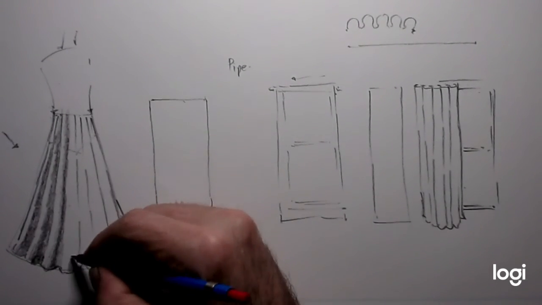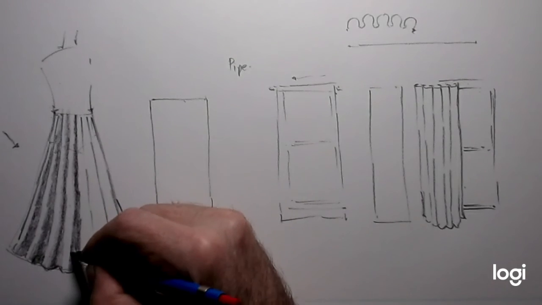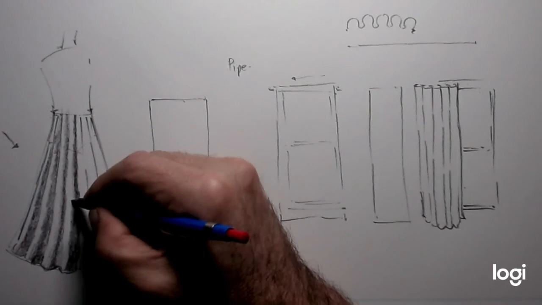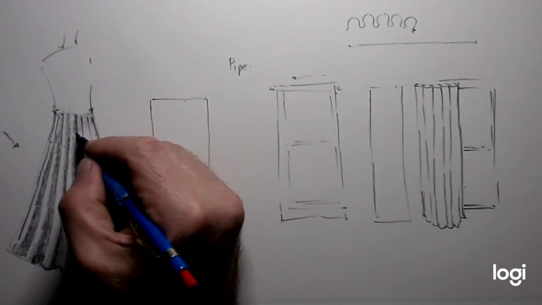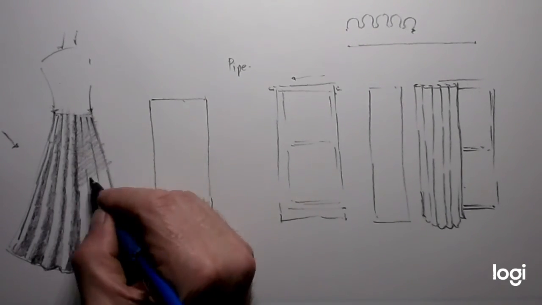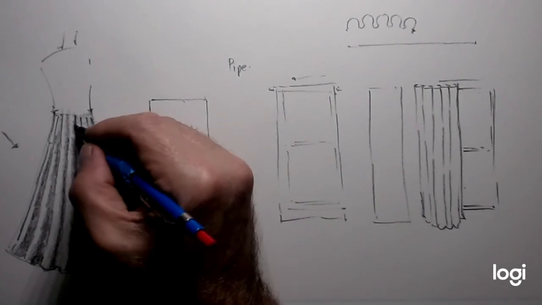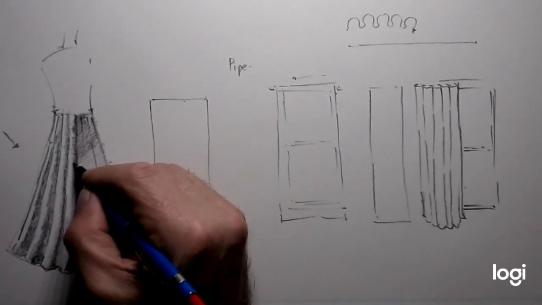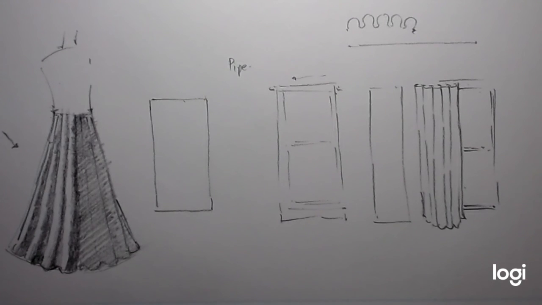But as you got to this side of the dress, all of this side of the dress would fall in shadow. However, you might have some shadow accent down here. Okay, so that's a pipe fold, and that's how you shade it.